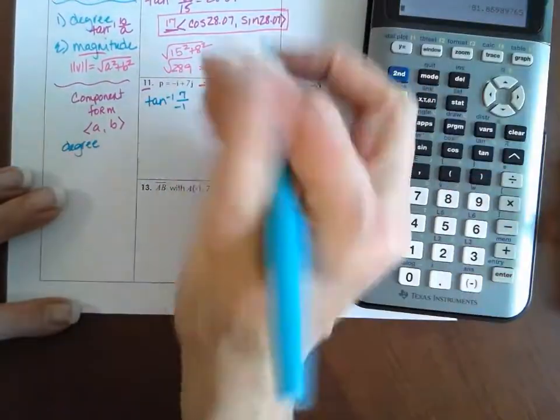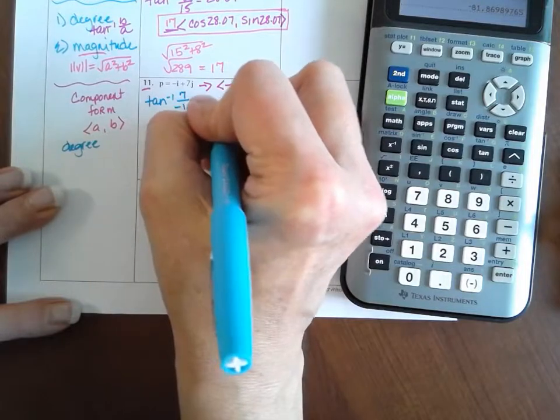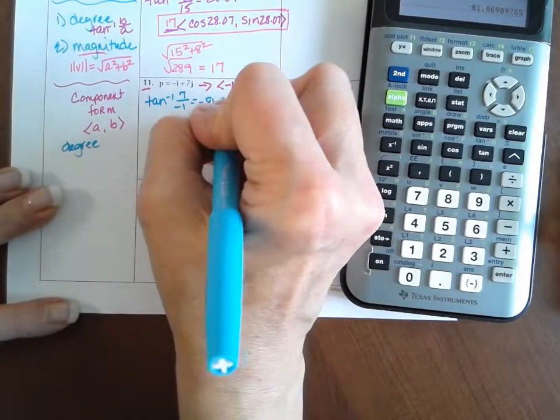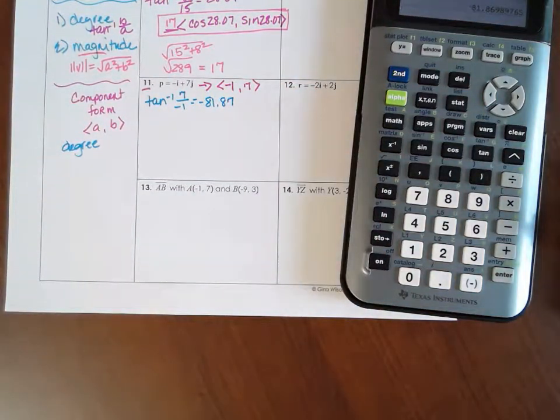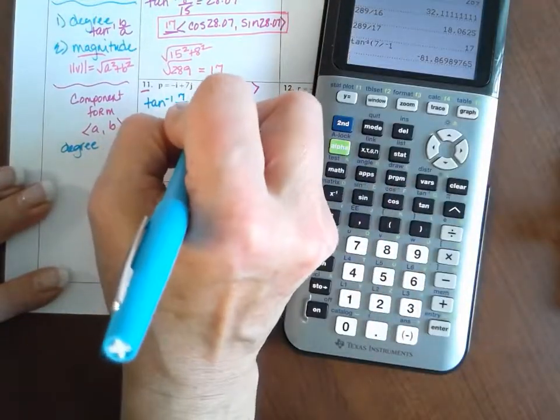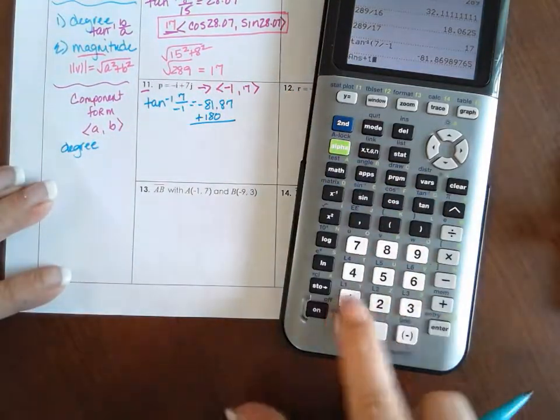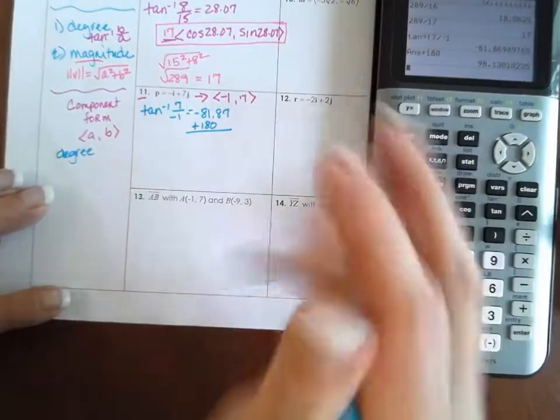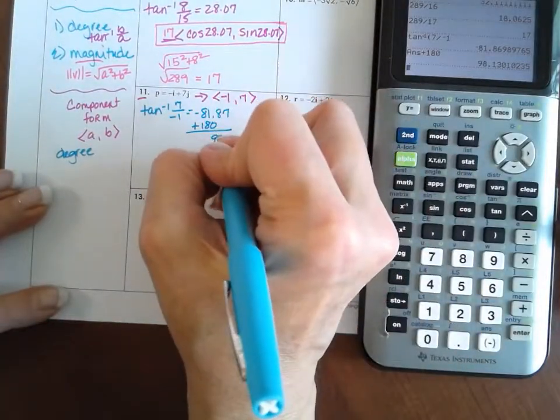And I get -81.87. But what quadrant am I in? So what do I have to do? Add 180. Absolutely. So I'm at 98.13.